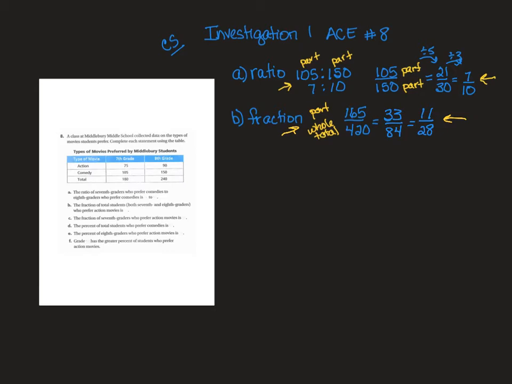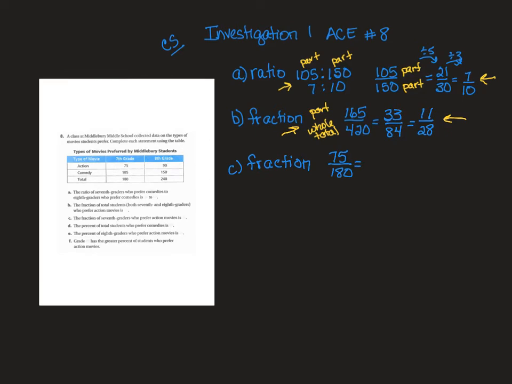Okay, C says, let's do another fraction. Okay, so we have a fraction, and this fraction is going to be the 7th graders who prefer action movies. Sorry, my eyes are going too quick. So a fraction of 7th graders who do action movies. So 75, that's the part, and the whole is 180.